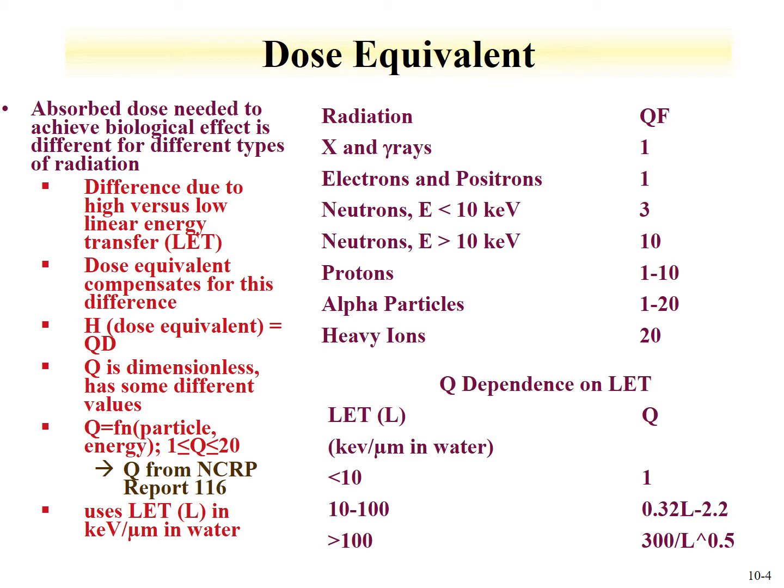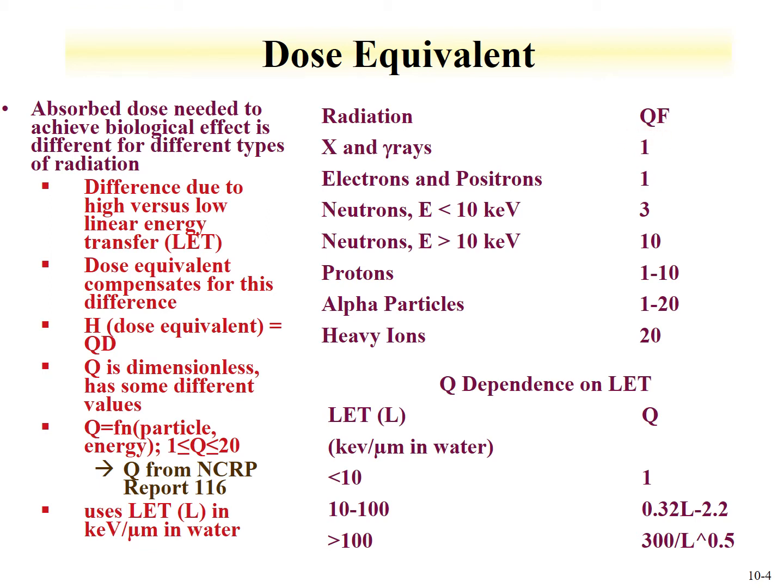There's some information about what Q should actually be from the NCRP report that's listed here, the National Council on Radiation Protection. The data that's shown here defines the Q as a function of the type of radiation. Photons, X and gamma rays, have a quality factor of 1.